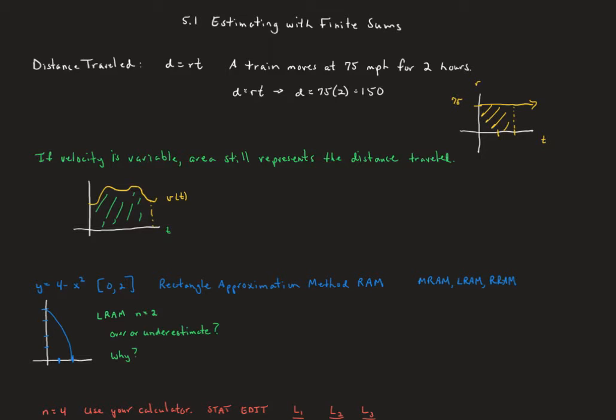A left Riemann, I don't want to call it a Riemann sum yet because that's what we're going to talk about next, but a left rectangle approximation using two rectangles would mean that we take the left side of the rectangle on the curve, use that for the height, and we get those two rectangles.